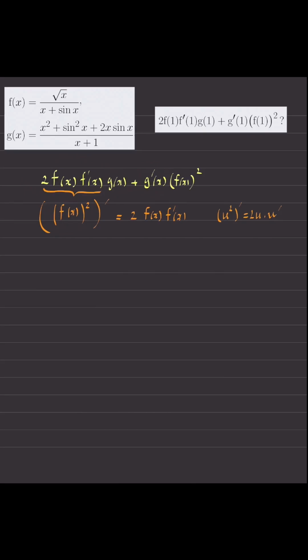Now I would say, let h of x be equal to this function f of x to the power of 2 multiplied by g of x. Then h prime of x becomes what?